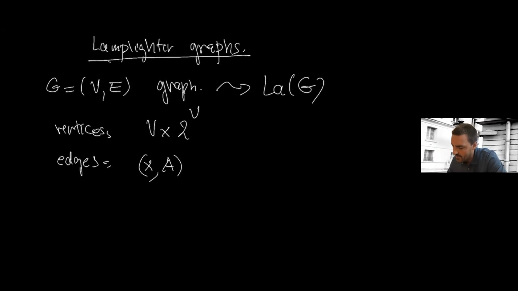So you have a point and a subset, and we will say that (X, A) is adjacent to (Y, B) if and only if there are two options.